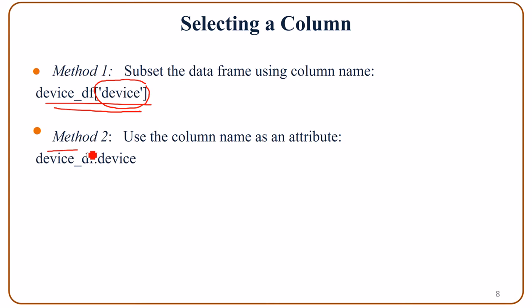And the second method is to use a column name as attribute. So you write the name of the data frame and then the dot and then the name of the column. So in this case, you specify the column, namely device.